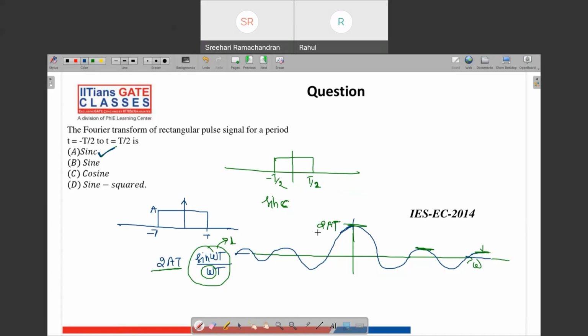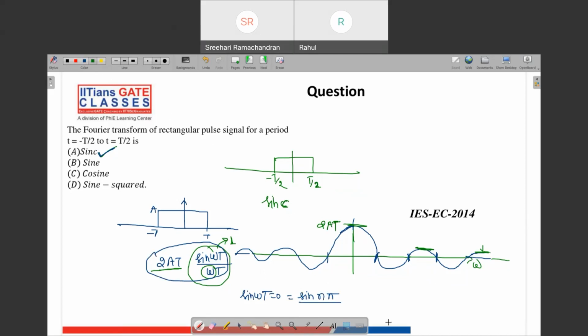Now you see it is crossing 0 at some frequencies. What is the frequency at which it crosses 0? This complete thing will be equal to 0 when sine omega T is equal to 0, and this will happen at sine n pi, since for an integer multiple of pi, sine n pi is 0.